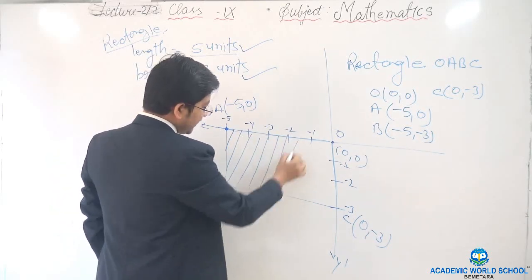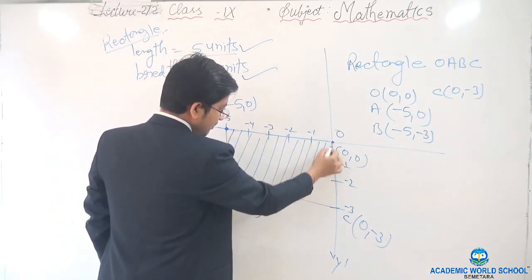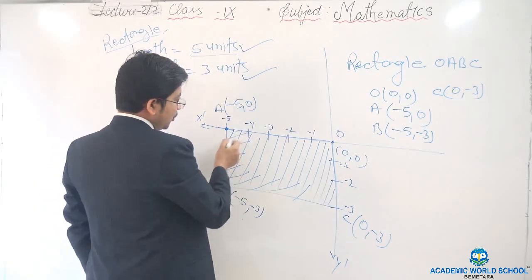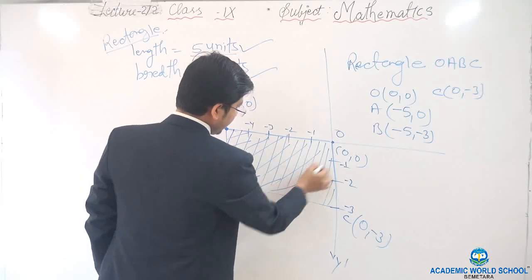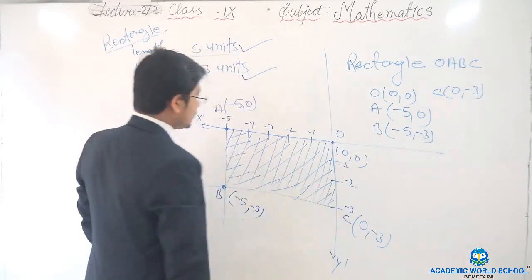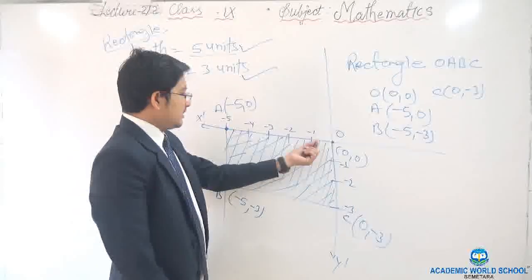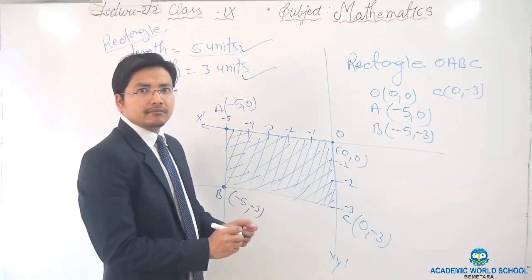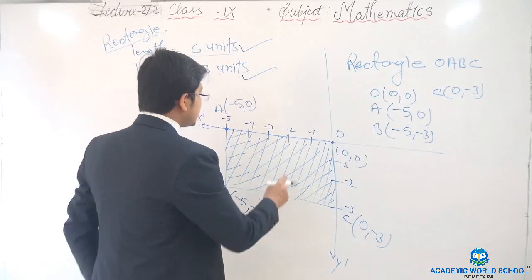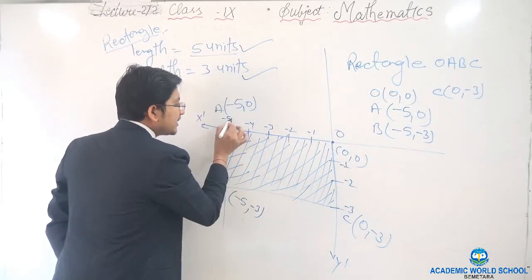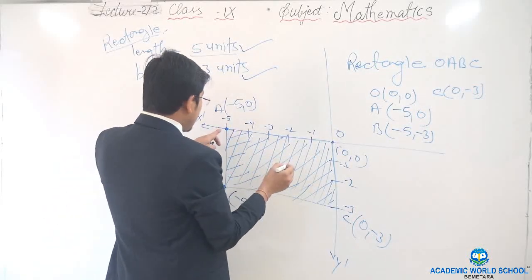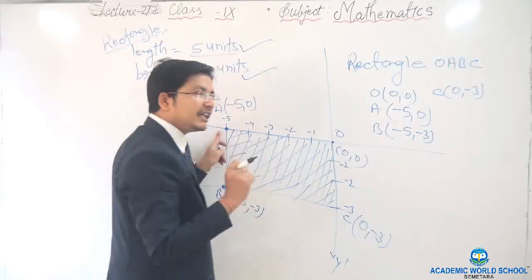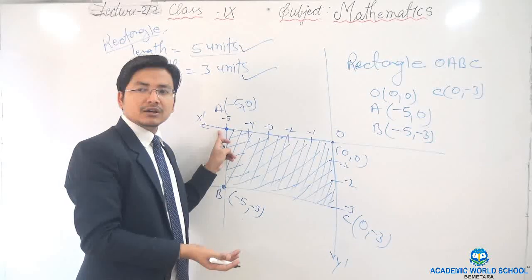Now the question is, find the area of the rectangle so obtained. So this is the length. Listen students, length can never be negative. Because this is the negative direction, we have written this -5. But if I write the length of OA, that is 5 units only.